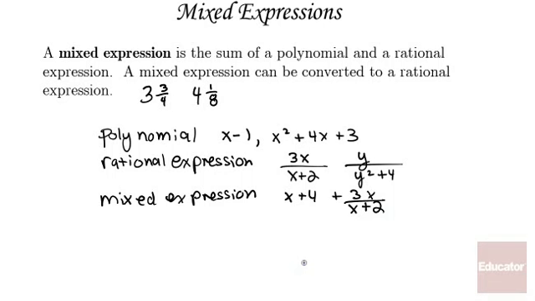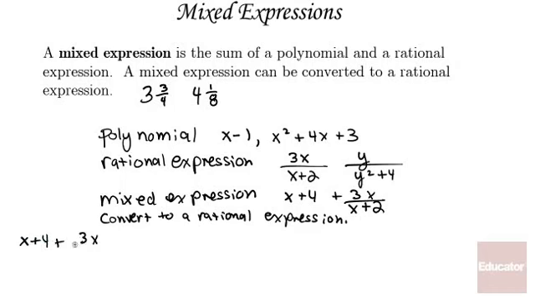And an example of that would be x plus 4 plus 3x over x plus 2. Now, I can simplify these, or I can convert them into a rational expression if I could add them. And in order to add them, I need a common denominator. So in order to convert to a rational expression, I want to find a common denominator. If you think of it this way, x plus 4 plus 3x over x plus 2, you look at x plus 4, well, the denominator is actually 1.